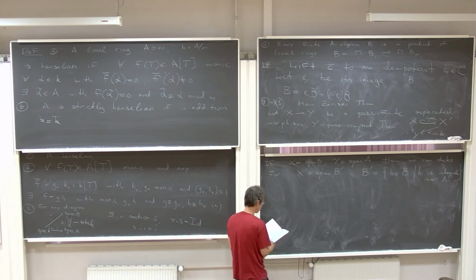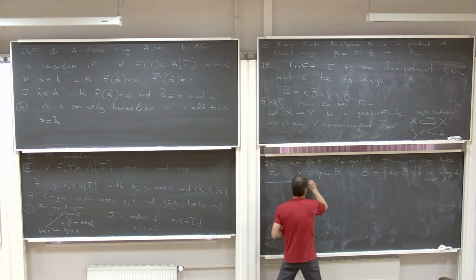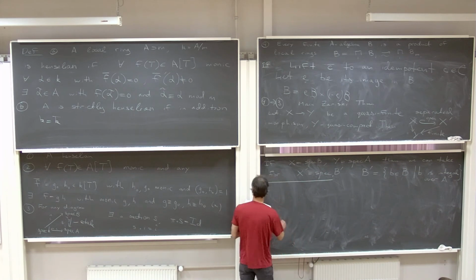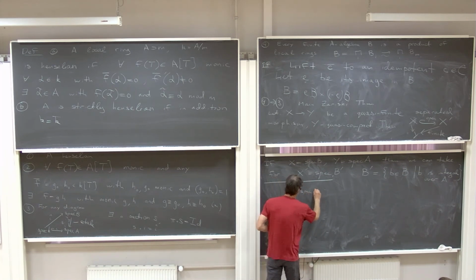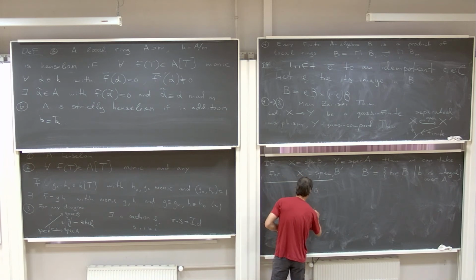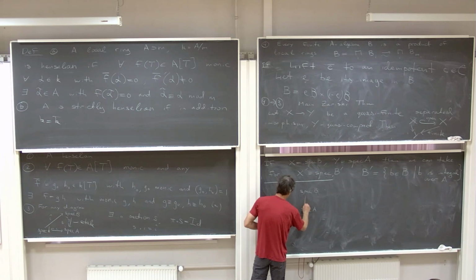Okay. So that's the statement. So now I have a diagram: Spec B, Spec A, and this is Spec A. So this is étale.